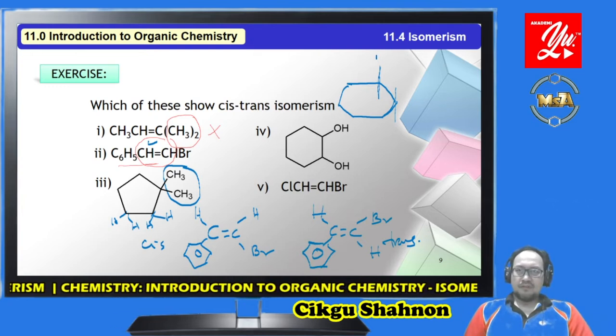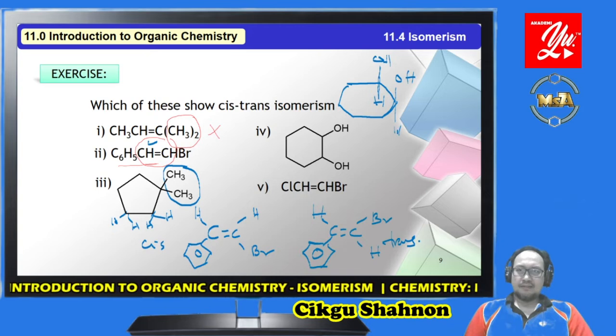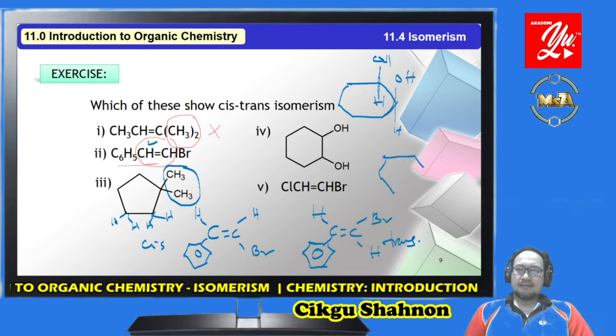Okay, I just write it here. I have an OH here, OH here, because this is cis, and H and H. This is cis, and the trans, the trans like this.